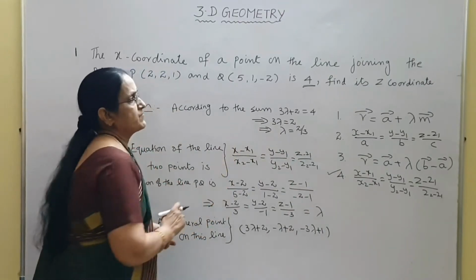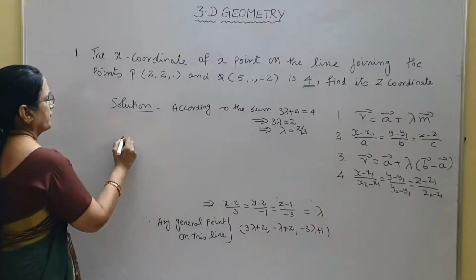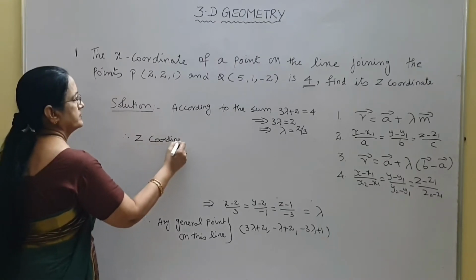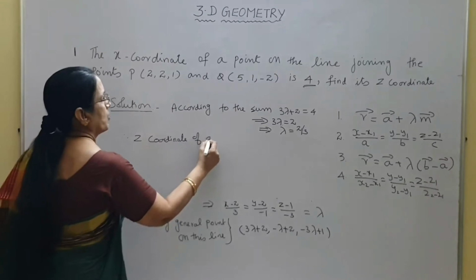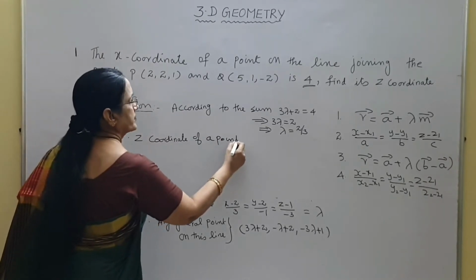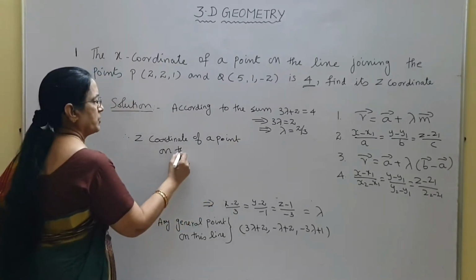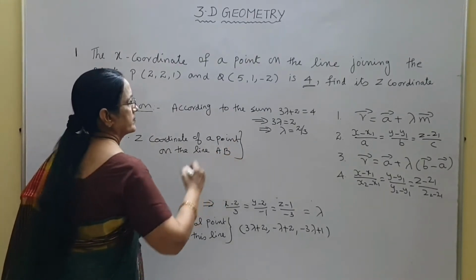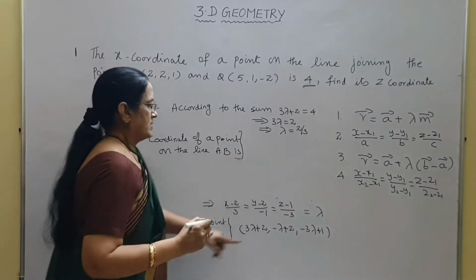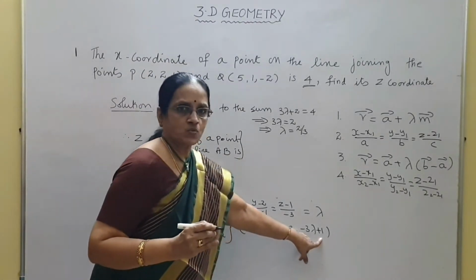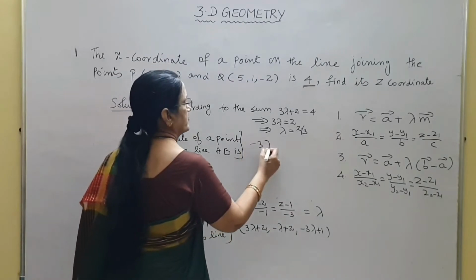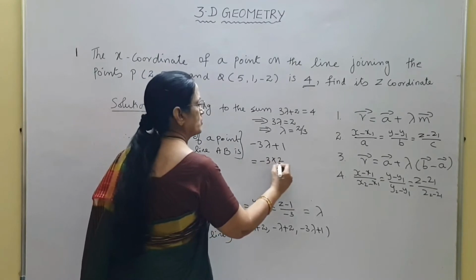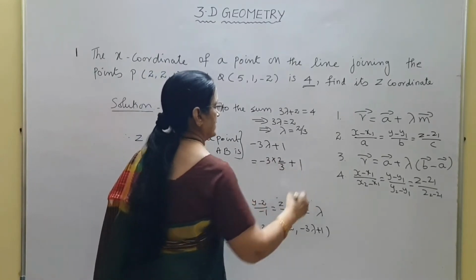Now let us find out the z coordinate. Therefore, the z coordinate of a point on the line AB is -3 lambda + 1, which is equal to -3 into 2/3 + 1.